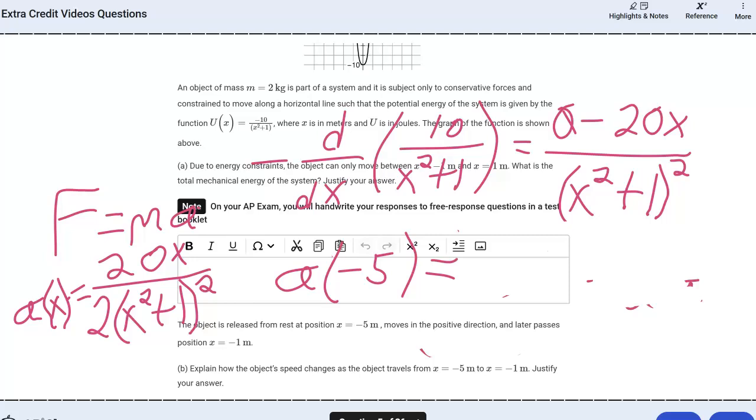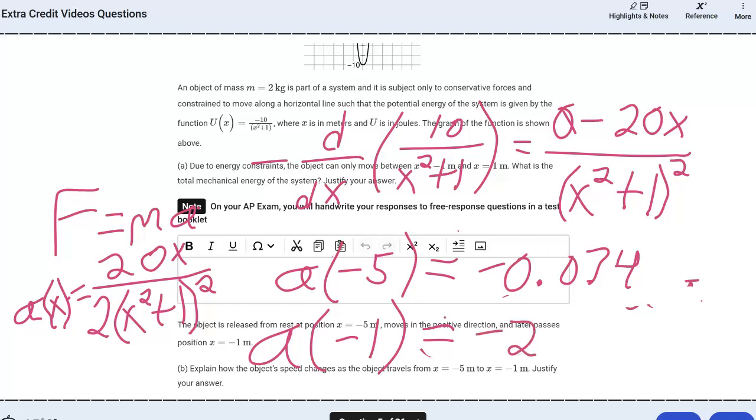Inputting it in my calculator, we find that it is negative 0.074. Okay, and then if we plug in a of negative 1, just again plug it into your calculator. Don't waste time doing it by hand. We find, and this one's much smoother, that this is negative 2.5 meters per second squared.